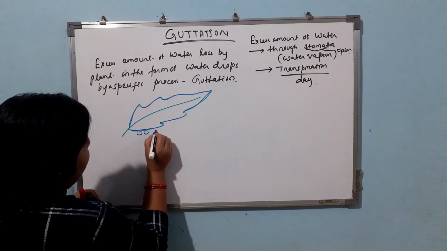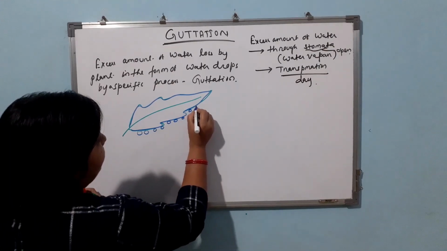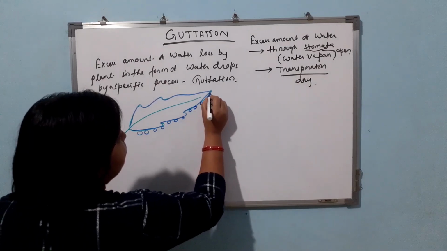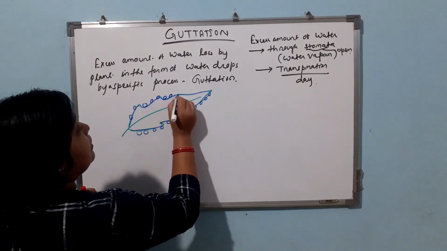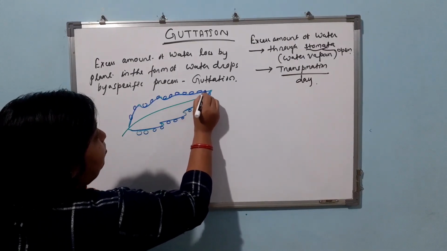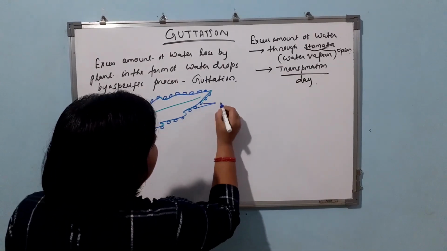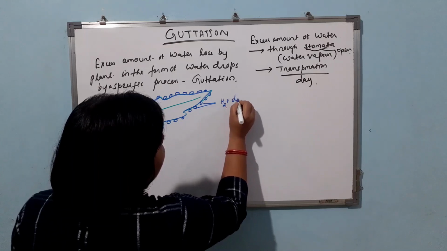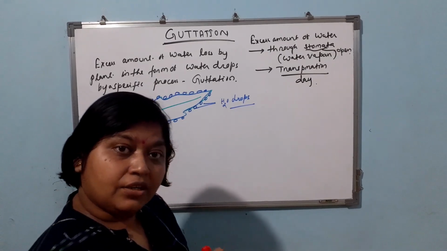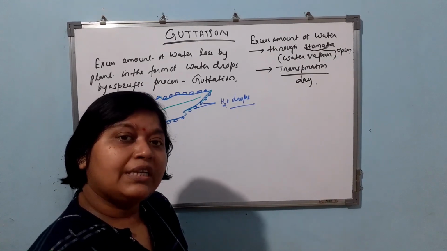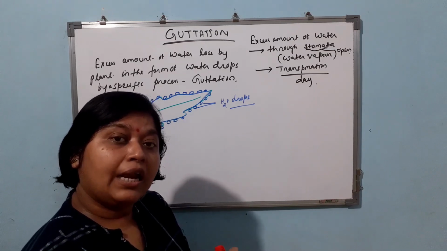During early morning, you will see water droplets at the marginal part of certain leaves. This appearance of water drops is known as guttation.